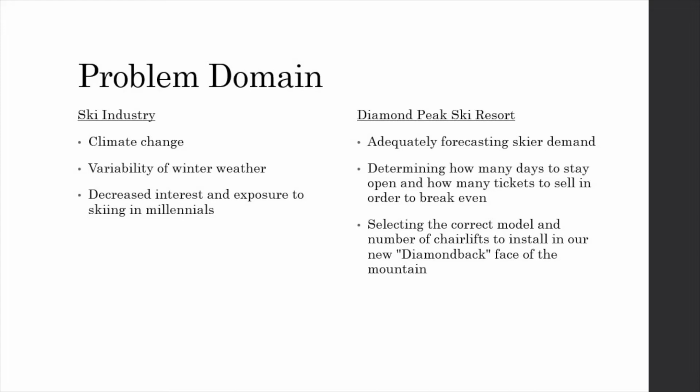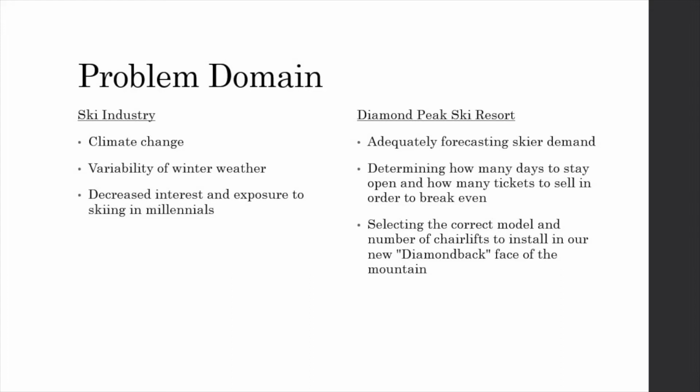Another thing that we noticed was decreased interest and exposure to skiing in millennials. Millennials have a tendency to have more debt, and therefore they tend to spend more and longer hours working. And so they just have less time for leisure activities such as skiing and less exposure to it.